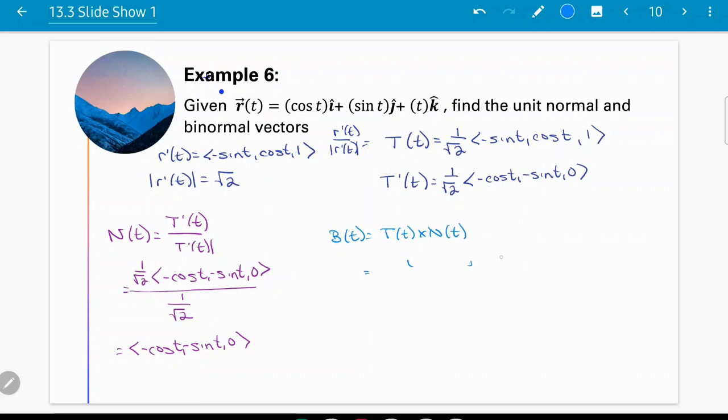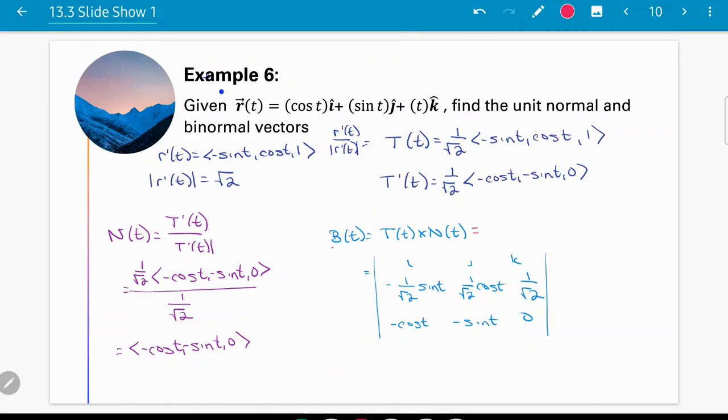Setting up our matrix, T(t) is 1 over square root of 2 times negative sine t, cosine t, and 1. Our N(t) was negative cosine t, negative sine t, and 0.